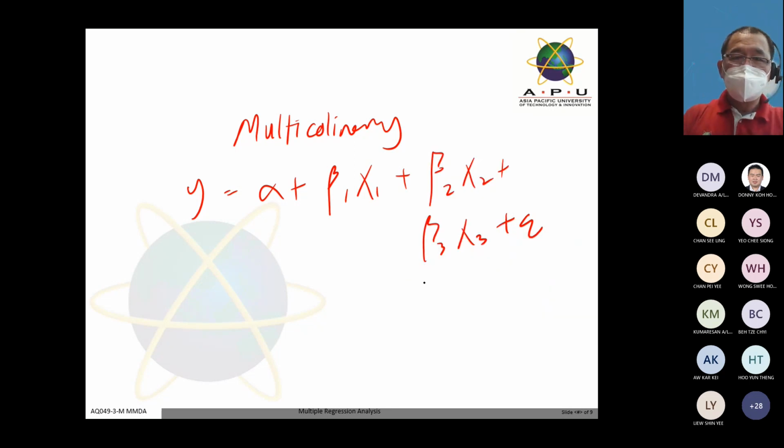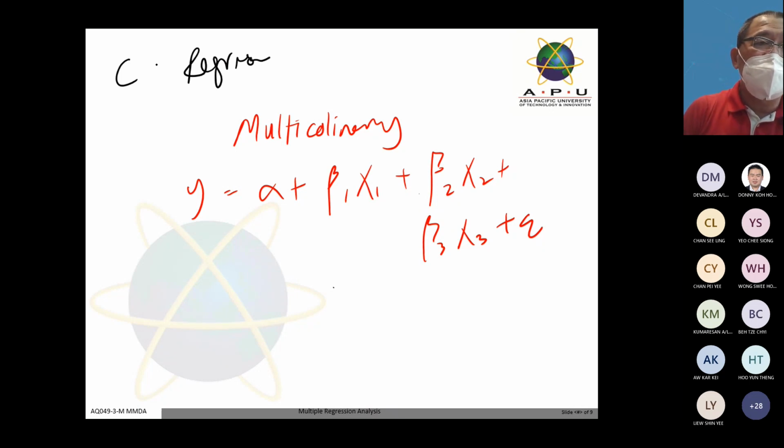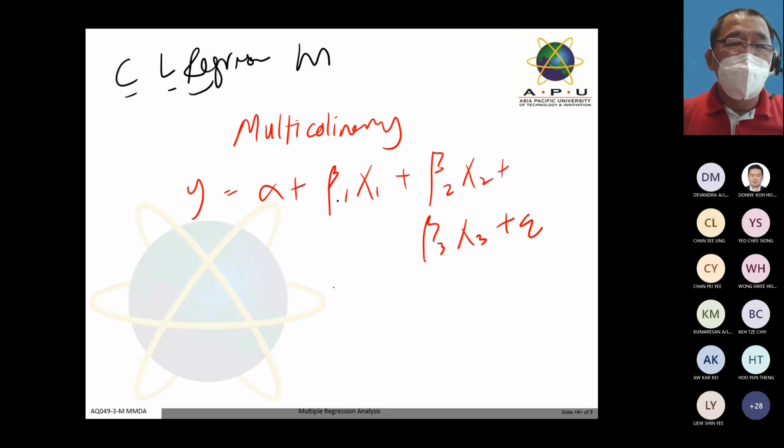The problem is that in general we assume, under the assumptions of the classical linear regression model, that x1 is independent from x2, independent from x3.